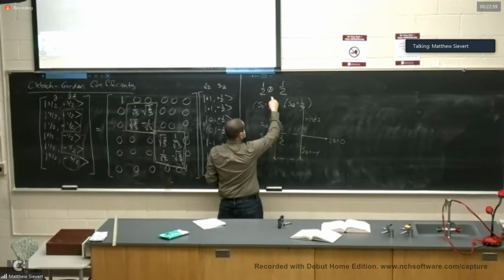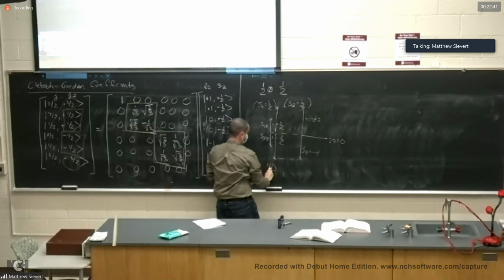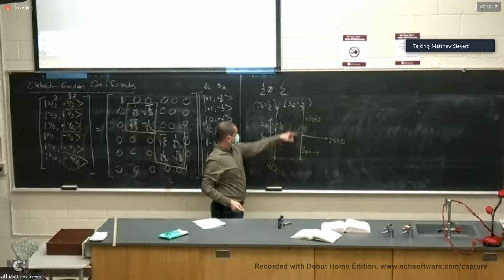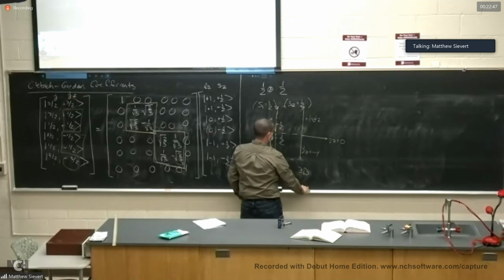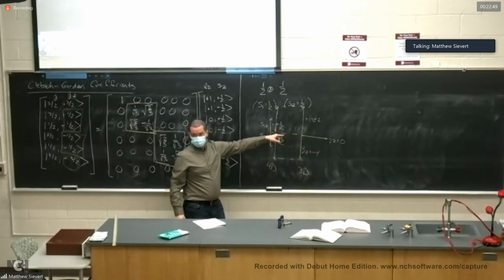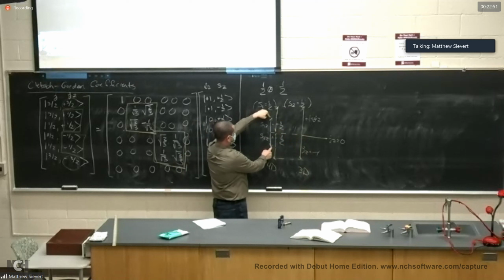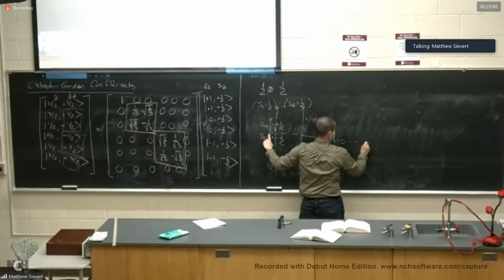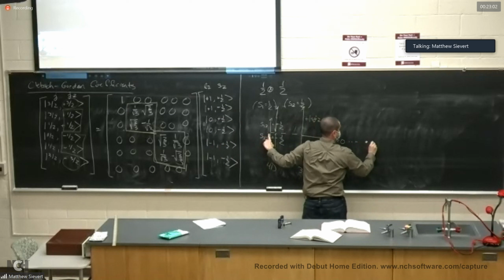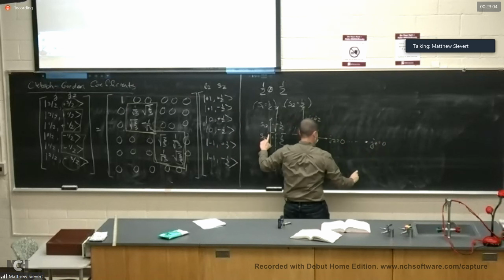This original space was 2 times 2, 4-dimensional to start off with. This ladder of j equals 1 is 3-dimensional. So there's got to be one state left over. That one state left over is made of the opposite combination that gives me 0. I can go up and then down or down and then up. That's 2 different possibilities. So there's an extra dimension here, a singlet state at jz equals 0.